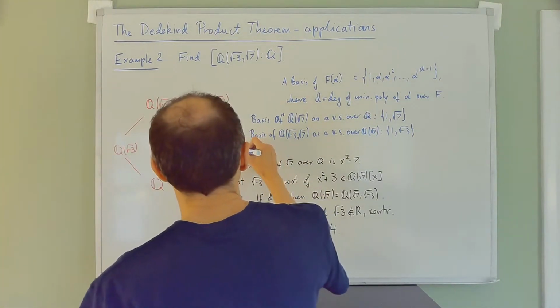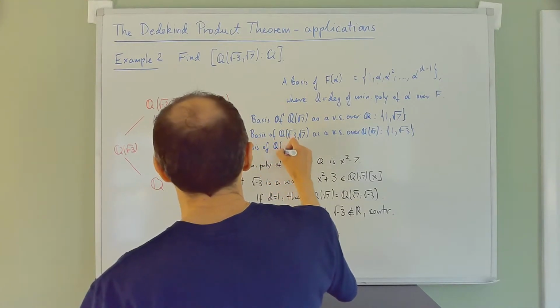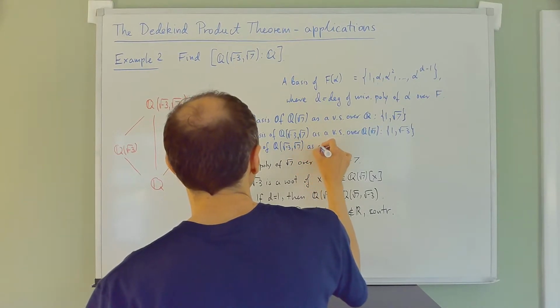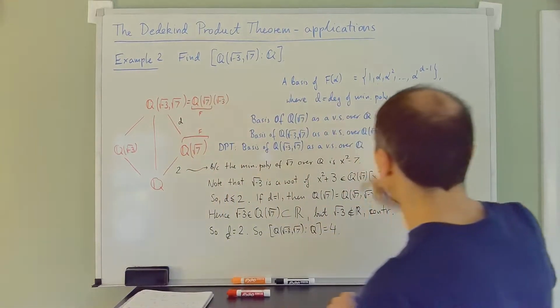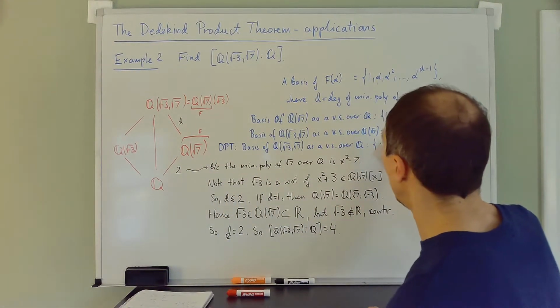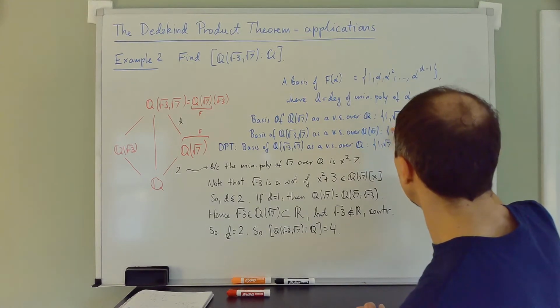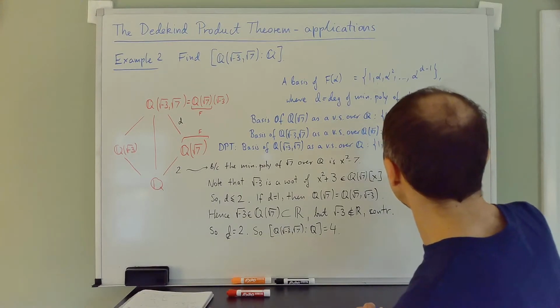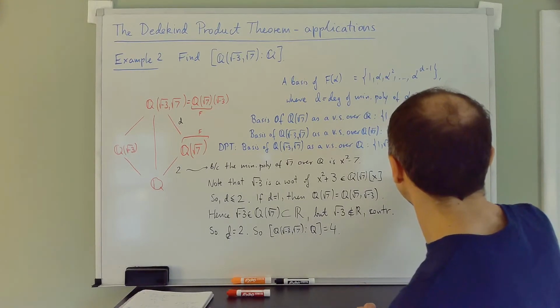So that tells me that the basis of Q adjoined radical -3, radical 7 as a vector space over Q, not over Q radical 7 but over Q, is: I take 1, radical 7, right, that's this times that, this times that, now this times that, so that's radical -3, and finally I do this times that, that's radical -21.